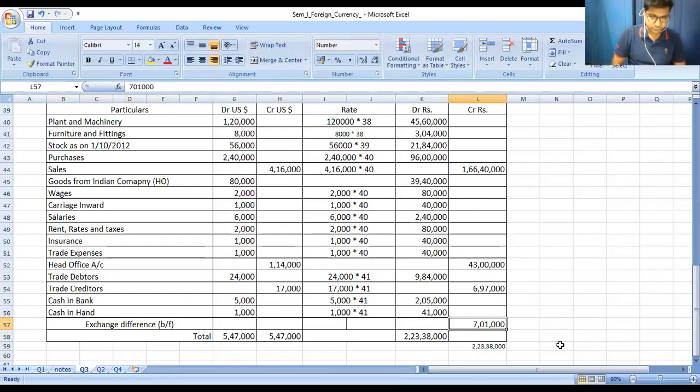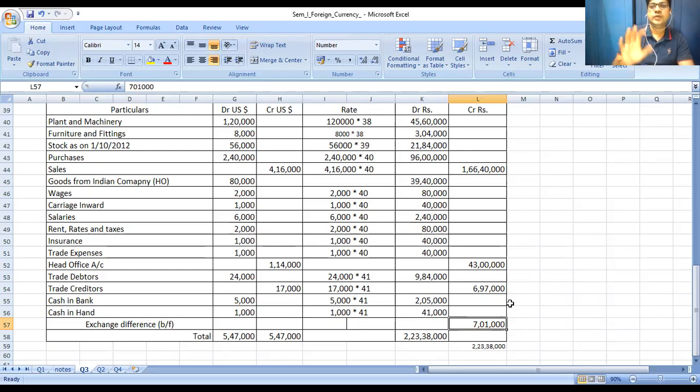Where will we show this 7 lakh 1,000 exchange difference? Profit and loss account, credit side.